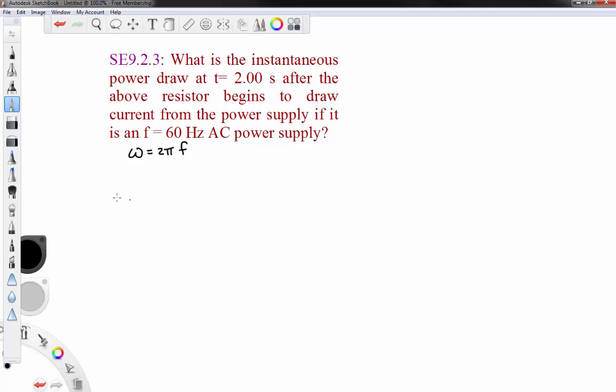Recall that the instantaneous power P is the instantaneous current I times the instantaneous voltage V. Or we could use I squared R. So that would be I max squared times R times the sine squared of omega t, because the instantaneous current is I max times sine of omega t, and we're squaring that.